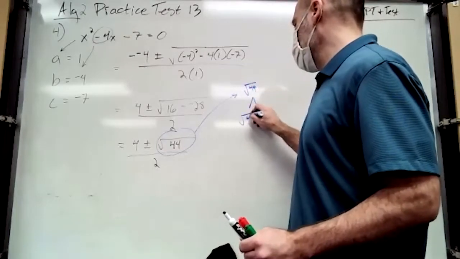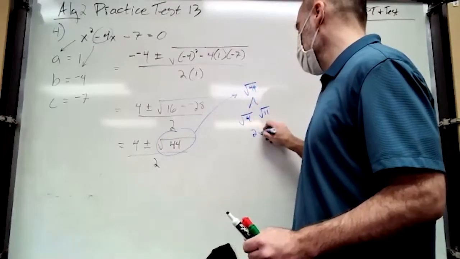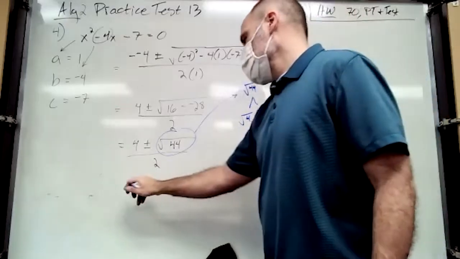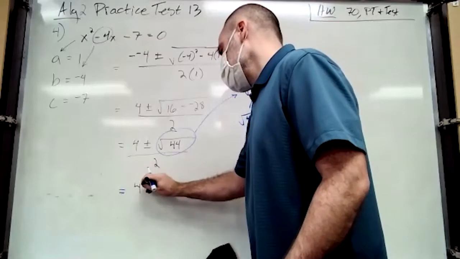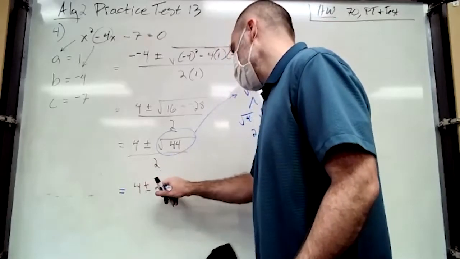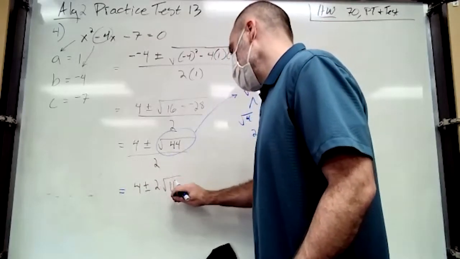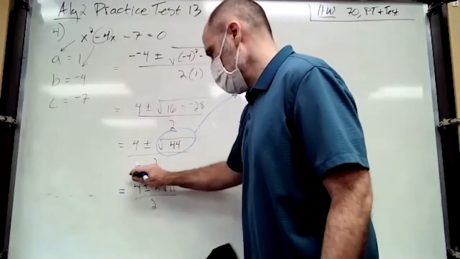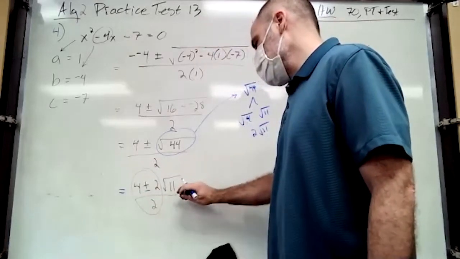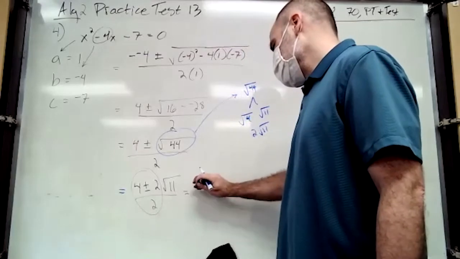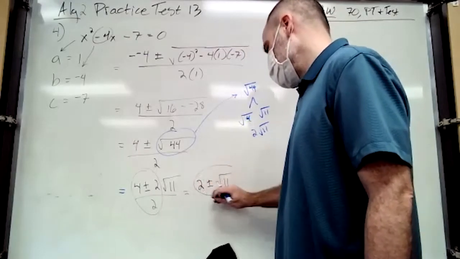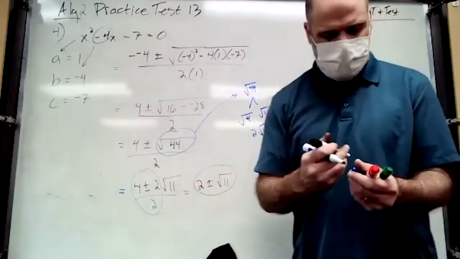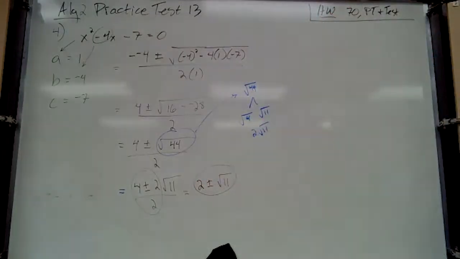Well, that's just the square root of 4 times the square root of 11, which is 2 radical 11. So then you get 4 plus or minus 2 radical 11 all over 2. And you can reduce that to basically 2 plus or minus radical 11. So that's a nice simplified version of it.